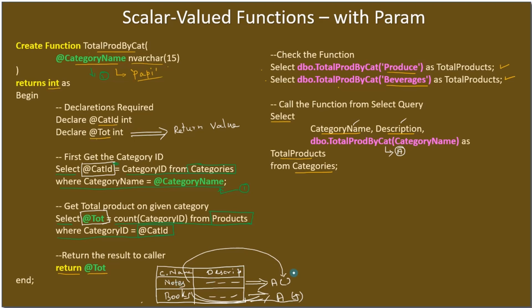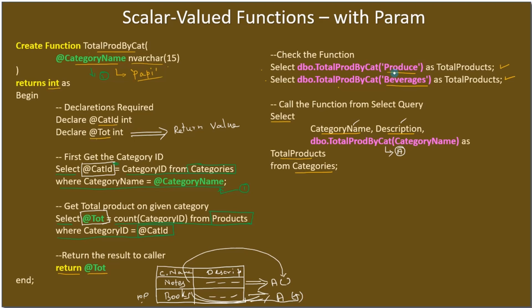So the first time it supplies notes, the second time it supplies books, and if your table contains 100 rows, the function will get called 100 times. And we know that the function returns the total number of products for the given category.